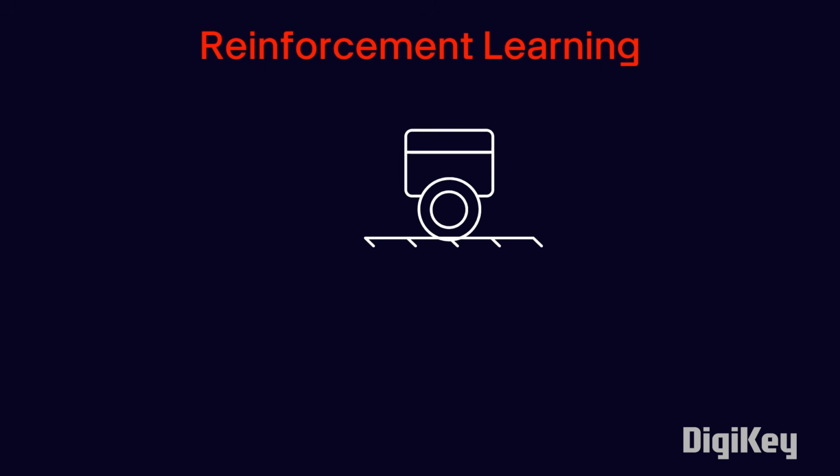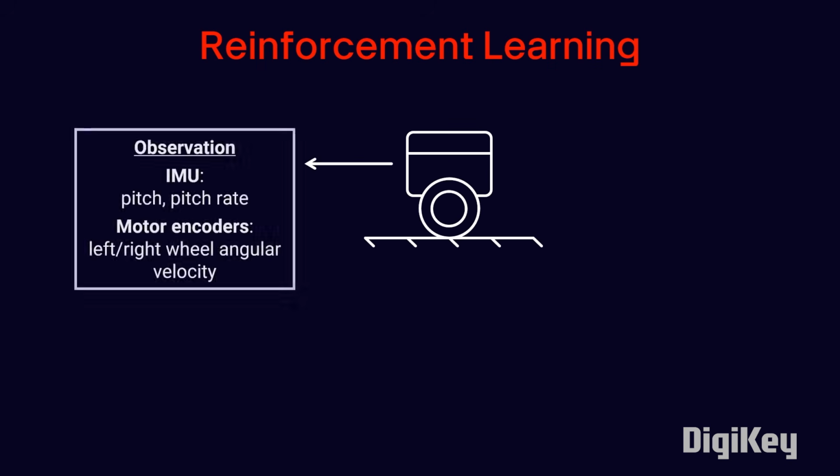Our system, or robot in this case, will periodically produce an observation vector consisting of 4 values. The IMU will give us the pitch, or how much the robot is leaning forward or backward, how fast it's pitching in one of those directions, and the angular velocity of each of the motors controlling the left and right wheels.